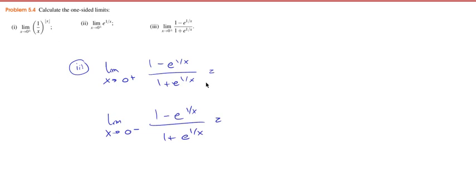In both cases, we know from before that the limit when x goes to plus infinity of e to the 1 over x is infinity, and the limit when x goes to minus infinity of e to the 1 over x is 0.